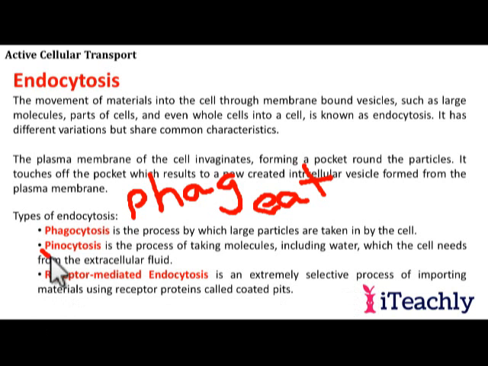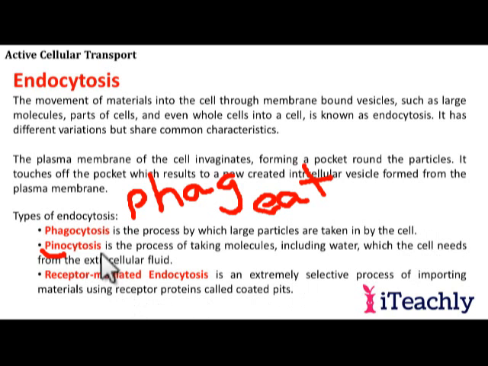Okay, pinocytosis, P-I-N-O. We don't see this P-I-N-O very often, but you have to know the difference between these two. Phago means to eat. Just remember esophagus. You eat food, it travels down your esophagus. Okay, and this is the large particles taken in by the cell. These are your solids.